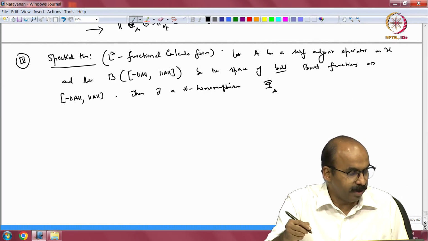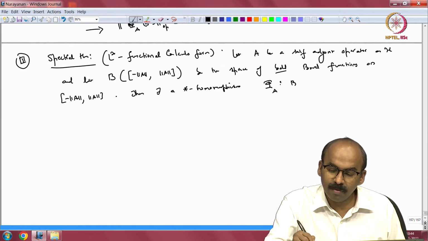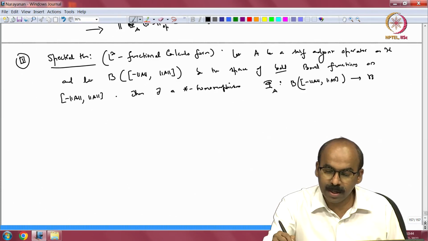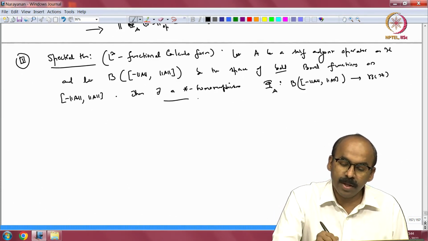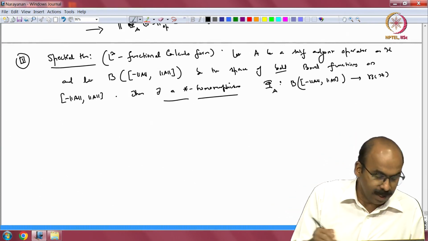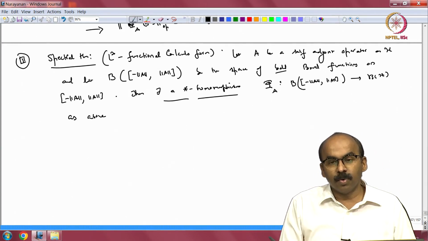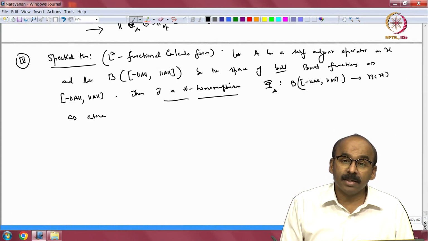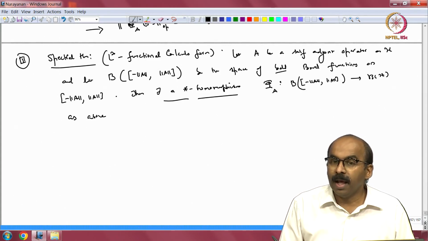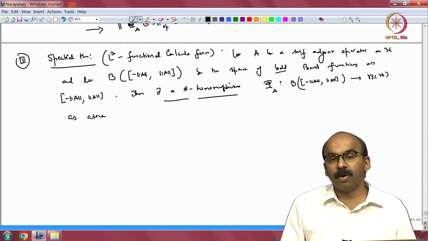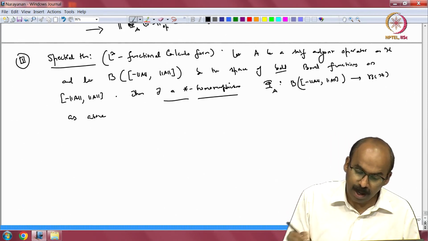So, phi sub A maps B of minus norm A to norm A to the space of bounded operators on H. We have a unique star homomorphism such that, as above, the constant function goes to the identity operator, the identity function x going to x goes to A, and we have the norm bound: the norm of phi A f is less than or equal to the L infinity norm of f.